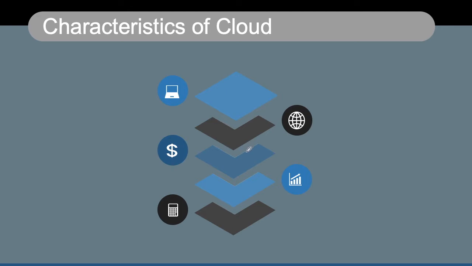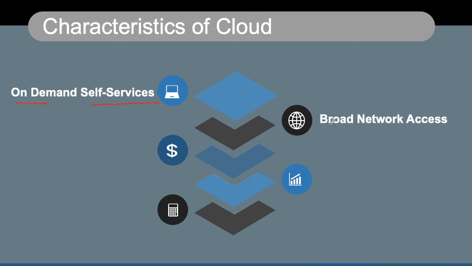When I talk about characteristics of cloud, I talk about on-demand self-service, where consumers can configure the resources the way they want. Broad network access: these resources are available over the internet from anywhere in the world, so you can configure the resources from wherever you want.